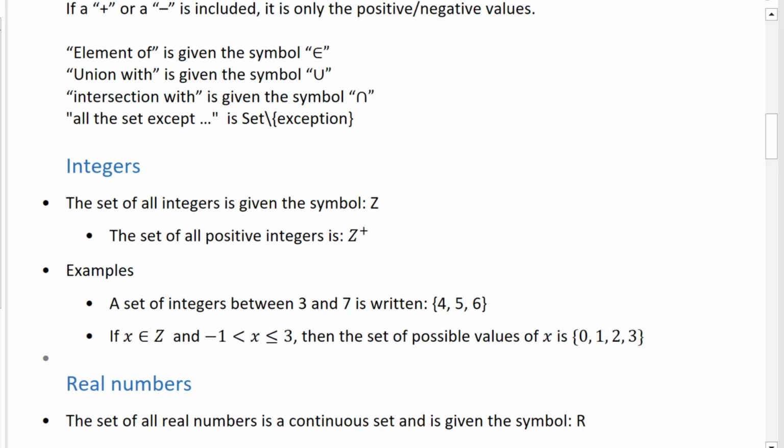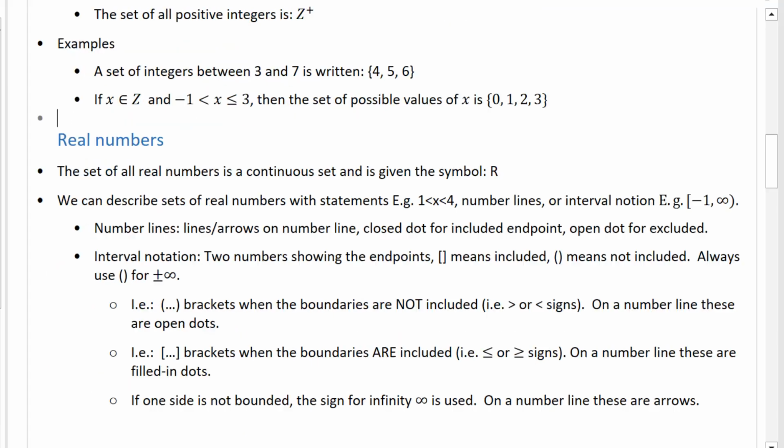The squiggly brackets is like a Woolies bag and you're chucking all the numbers in the set. So 0's in the bag, 1's in the bag, 2's in the bag, and 3 is also in the bag. So the set of all real numbers is a continuous set and is given the symbol R.